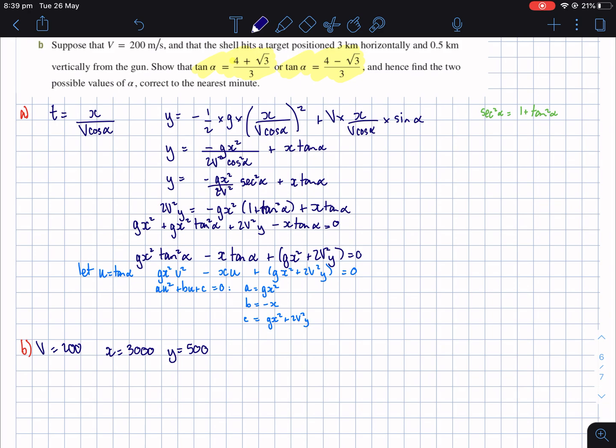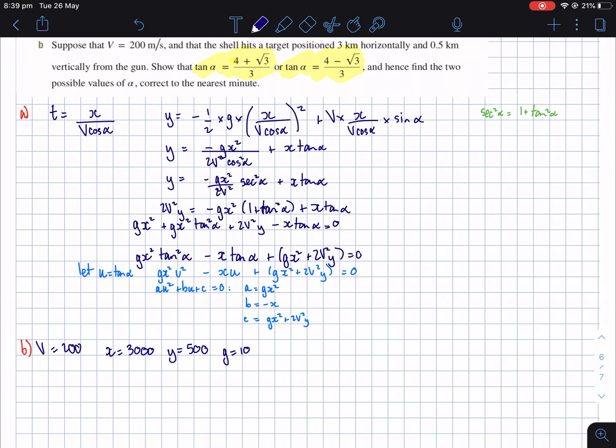We'll put in G is 10, positive 10. Okay, and now we're going to solve this as a quadratic.